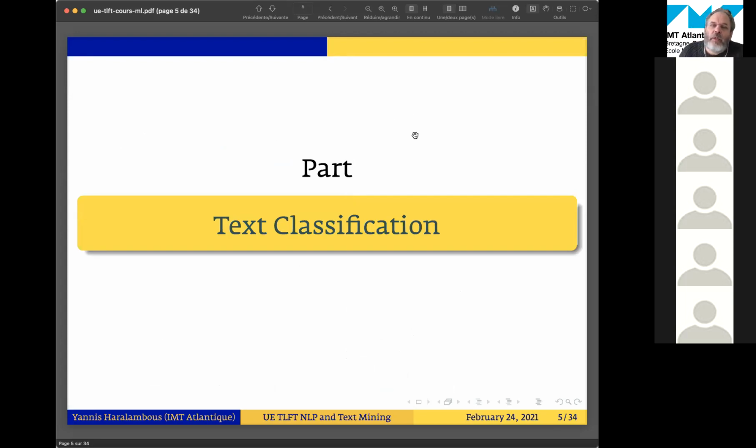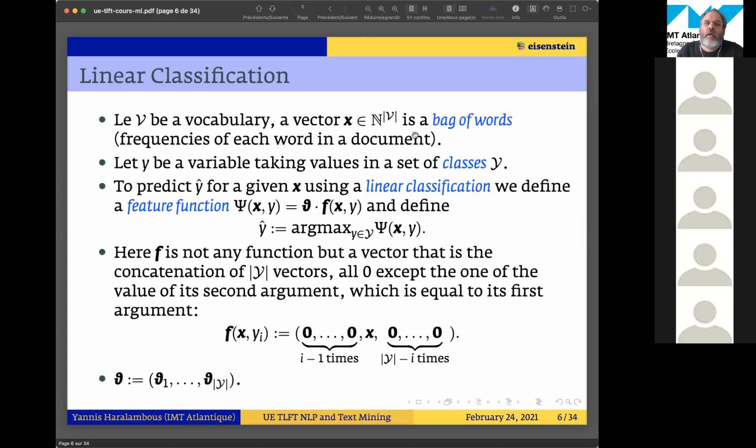And we will investigate 3 tools, 3 classifiers. The first one, naive Bayes, you certainly already know. We will look at it thoroughly. Then we will talk about logistic regression. And finally, about forward neural networks.